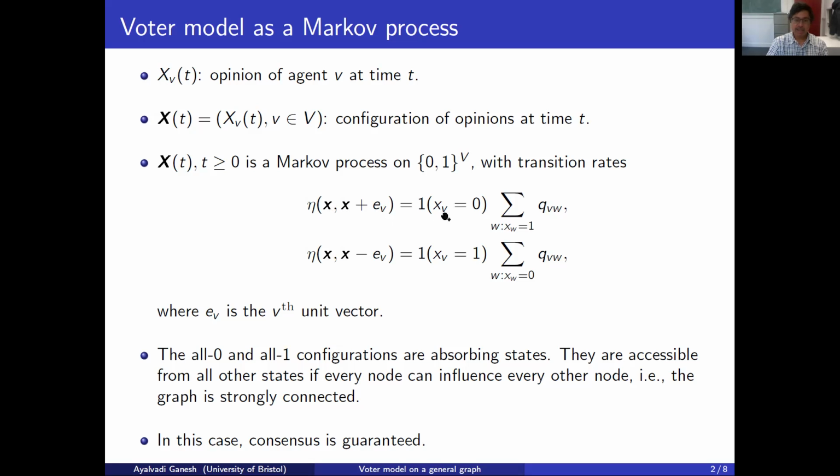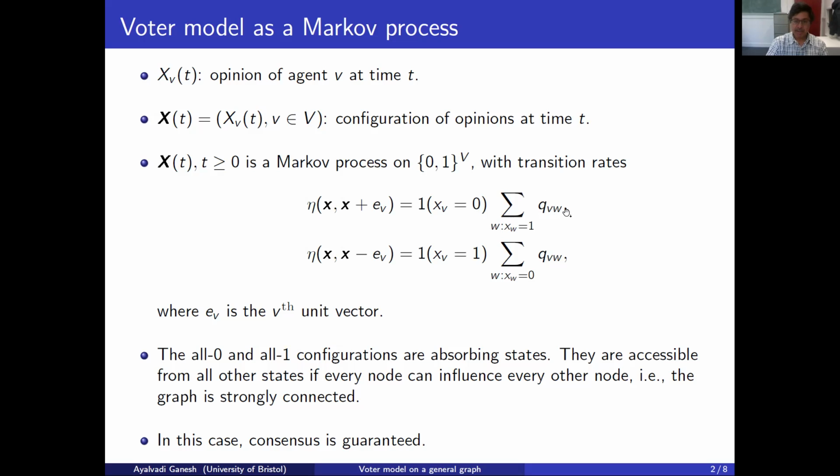Now, if v starts with opinion 0, it can change to opinion 1 by contacting some vertex in opinion 1. So we sum over all vertices w in opinion 1 the rate at which v contacts w, which is q_vw. So in some very small time interval delta, the Poisson process on the edge vw sees an increment with probability q_vw delta, because that's the intensity of the Poisson process.